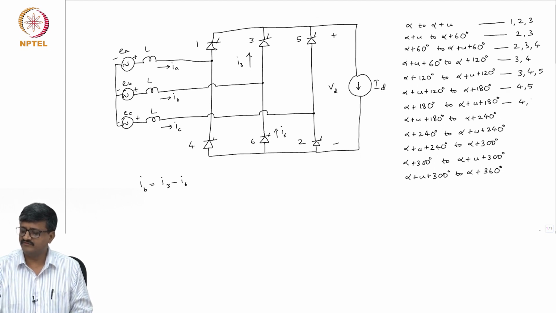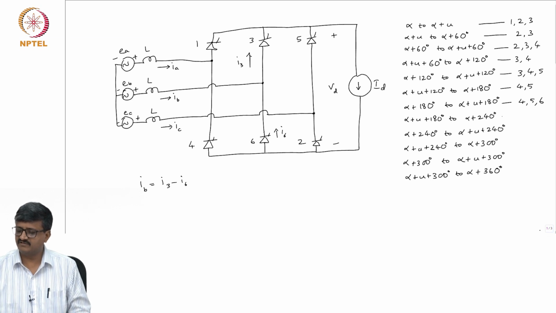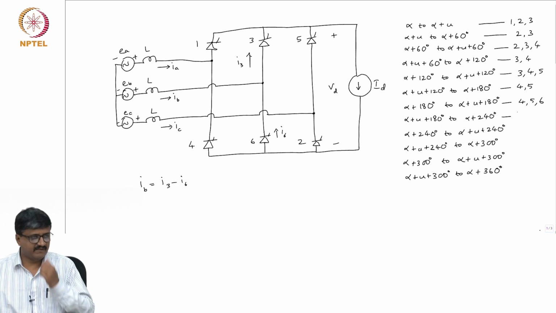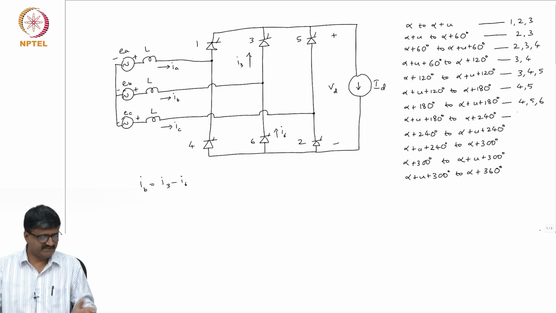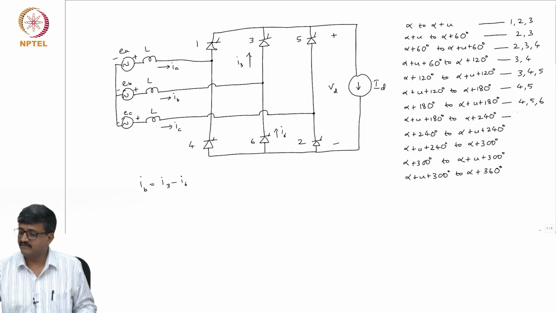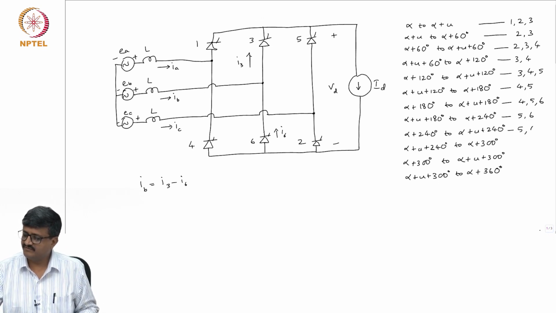We have already formed this table. I am just trying to use this information again. The table had some more information that we don't need for analyzing the AC side current. Then 5 6, 5 6 1, 6 1, 6 1 2, 1 2.